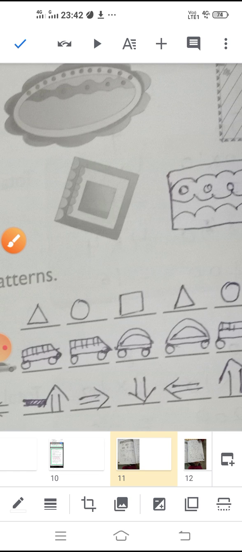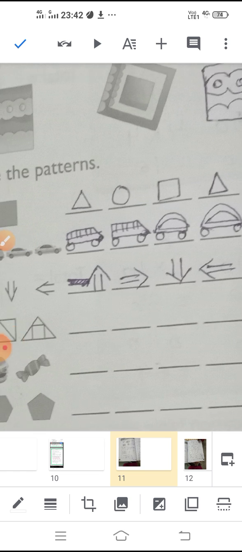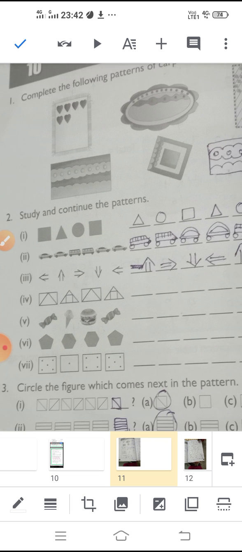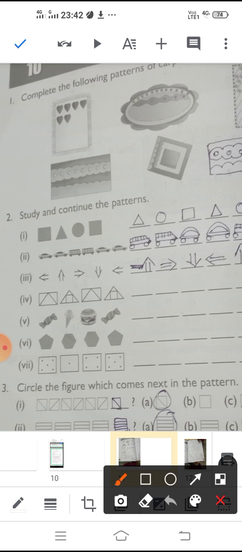Now come to the next question. Study and continue the pattern. Children, you have to see what pattern they have continued. Like if it is square, then triangle, then circle, then again square, then what is next?